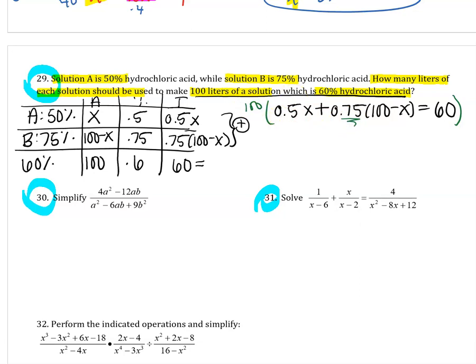So remember, you're just going to move the decimal 2 places. So this would be 50x plus 75 times 100 minus x equals 60, and then add 2 more zeros, so 6,000. Now I don't have to worry about the decimals, and I can just solve.